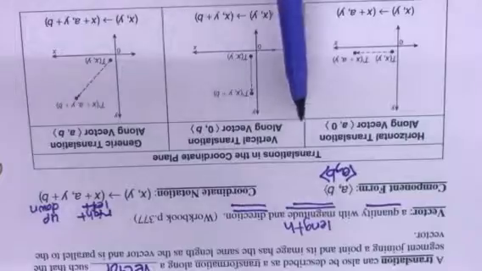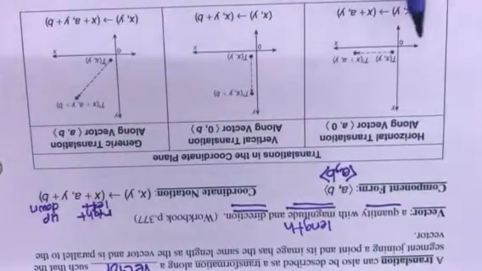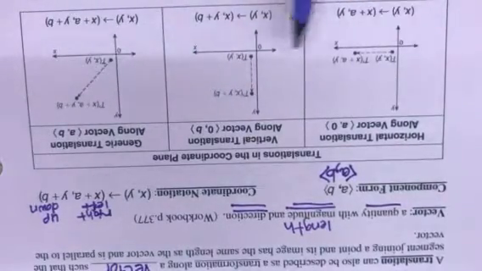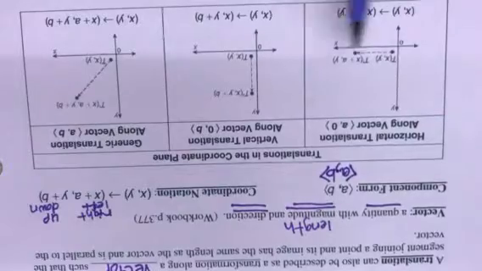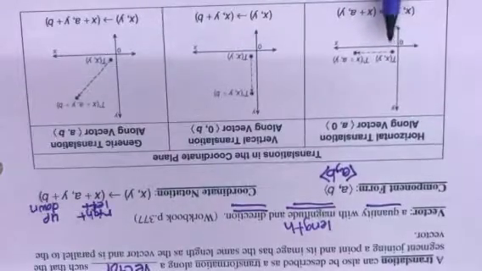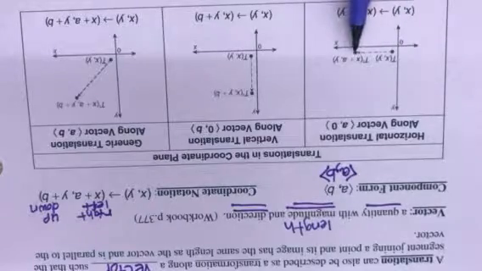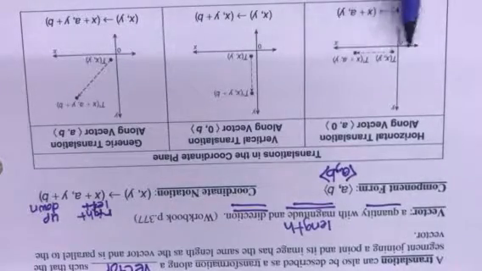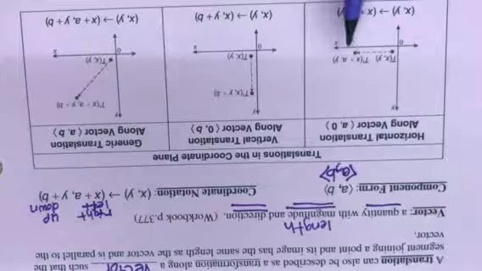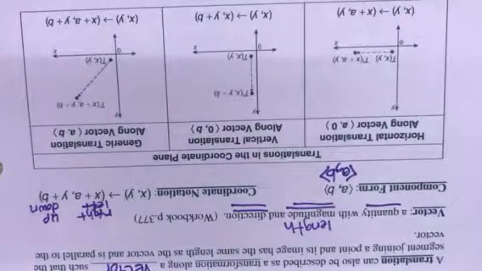If you want to translate in the coordinate plane, if we're translating horizontally, all we're moving is the x value. From here to here plus some value, or backwards would be subtracting. So if you're going right, you're going to add a value. If you're going left, it's going to be a negative value.